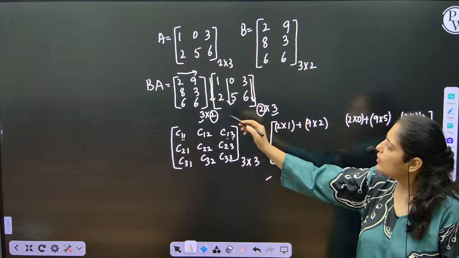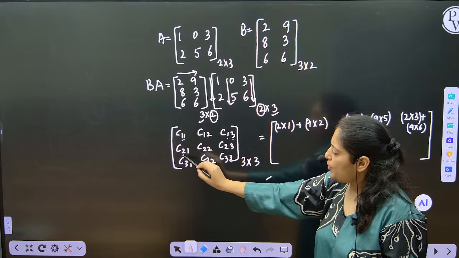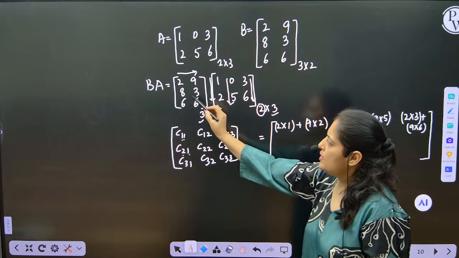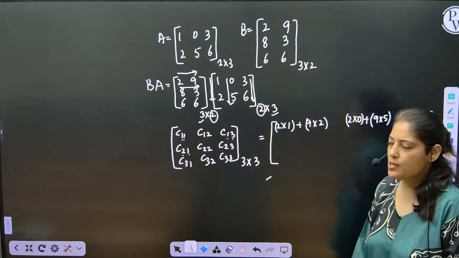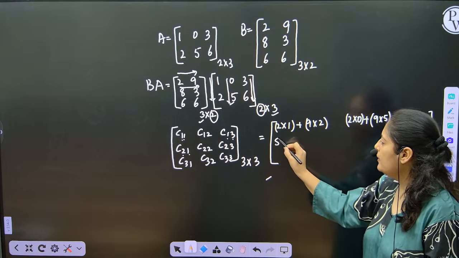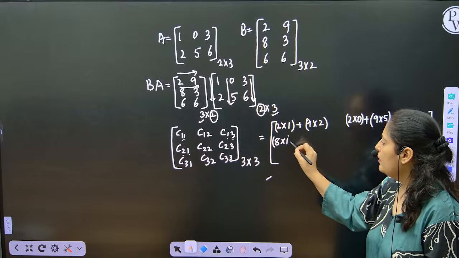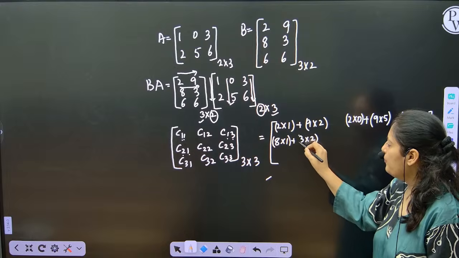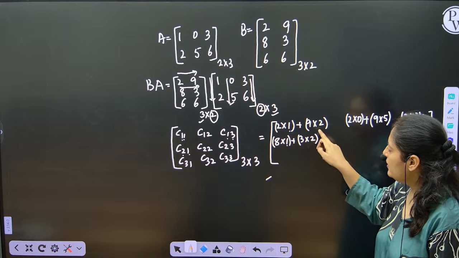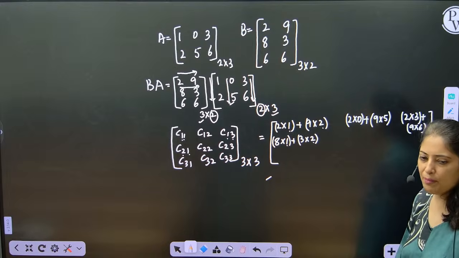Next, now second row, first column. Now we'll see all the second rows. 8 into 1 plus 3 into 2. You will see one thing, this 1 1, this 2 2 will remain the same every time.